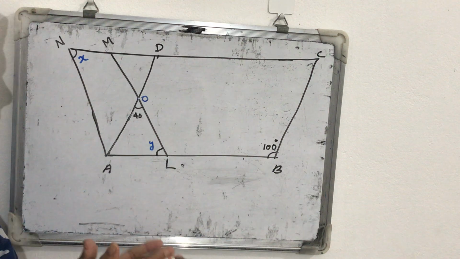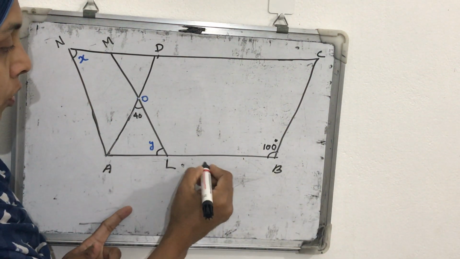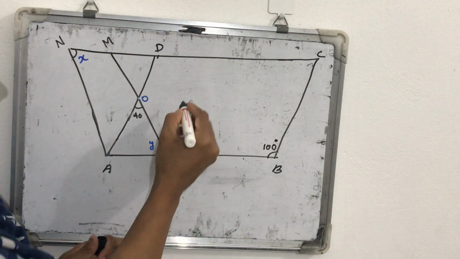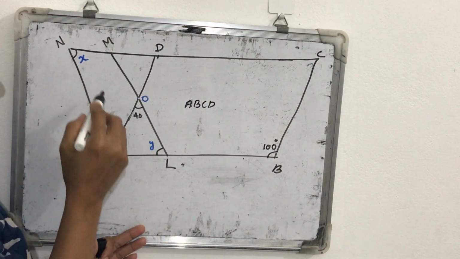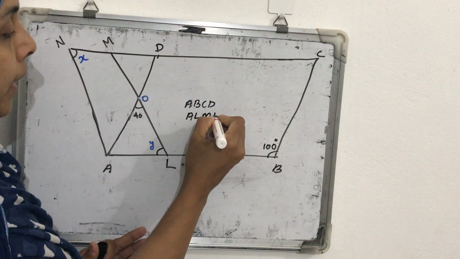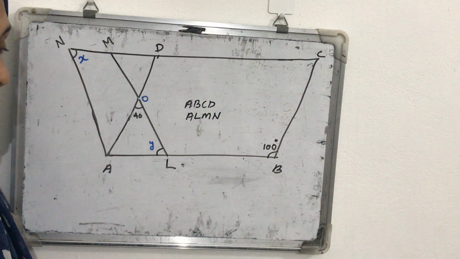And it is given which are the parallelograms. Two parallelograms are given: one parallelogram is ABCD and another parallelogram is ALMN. So we know the properties of parallelogram.